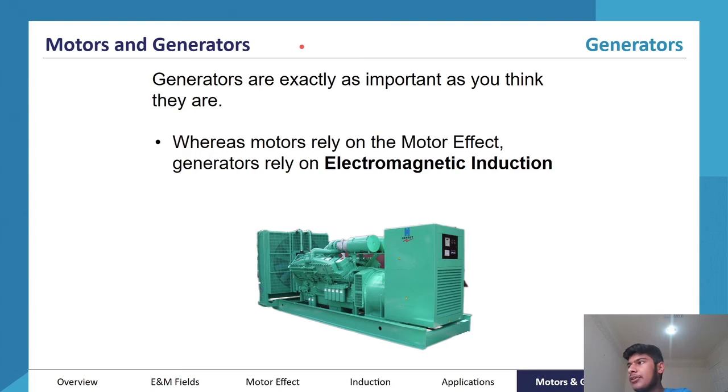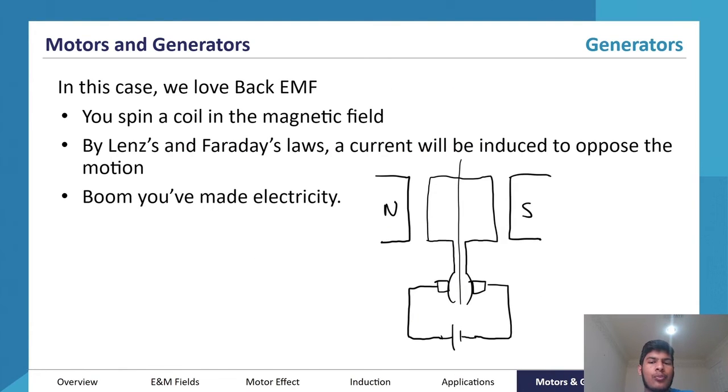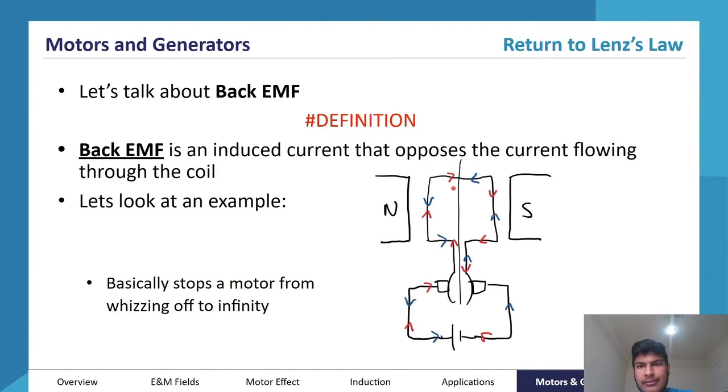Now, coming into generators, generators are exactly as important as you think they are. Whereas motors rely on the motor effect, generators rely on electromagnetic induction, so that's Faraday's law or Lenz's law that we've been talking about. In the case of motors, we don't really like back EMF because it slows it down, because it opposes the supplied voltage.